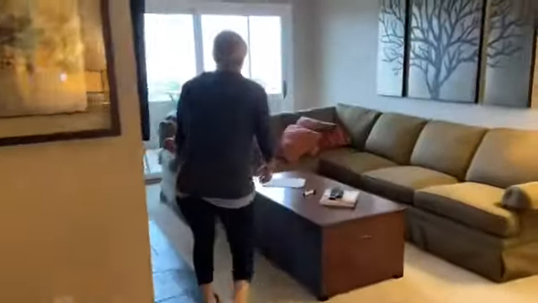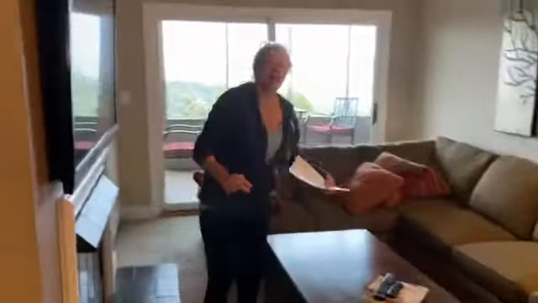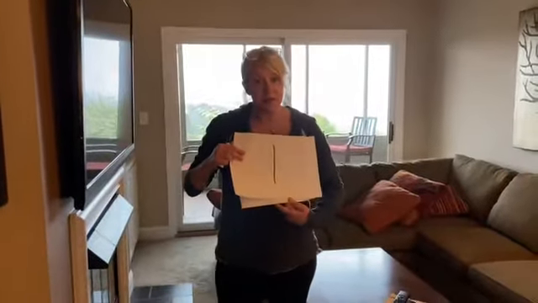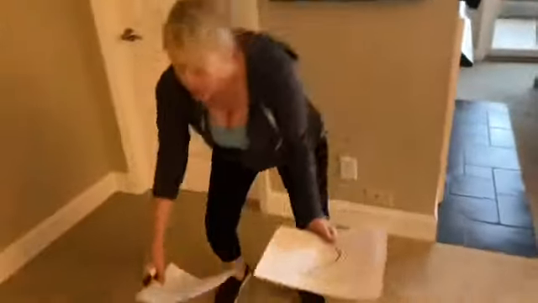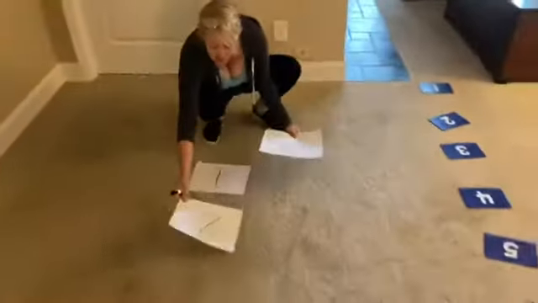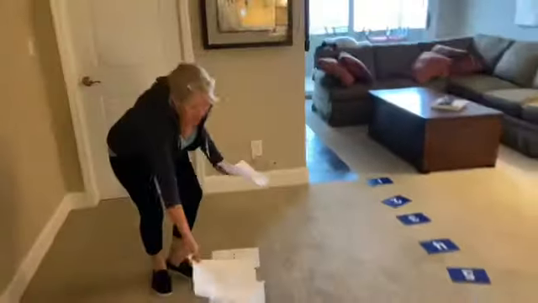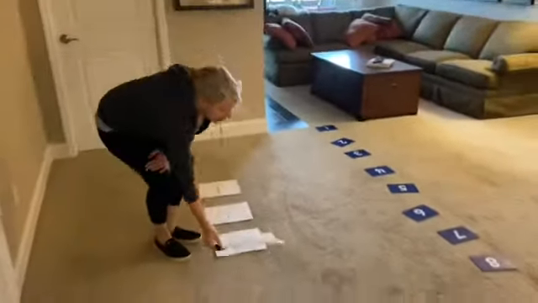Let me show you how you can do this at home. I've just written the numerals on pieces of paper, only to the number 4. Put down 1, 2, 3, and 4.